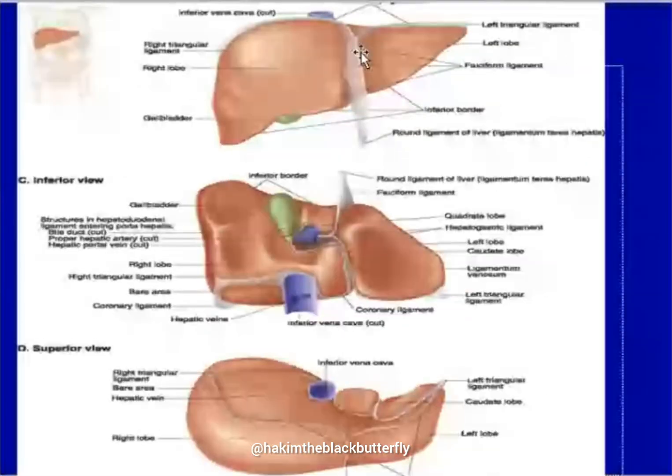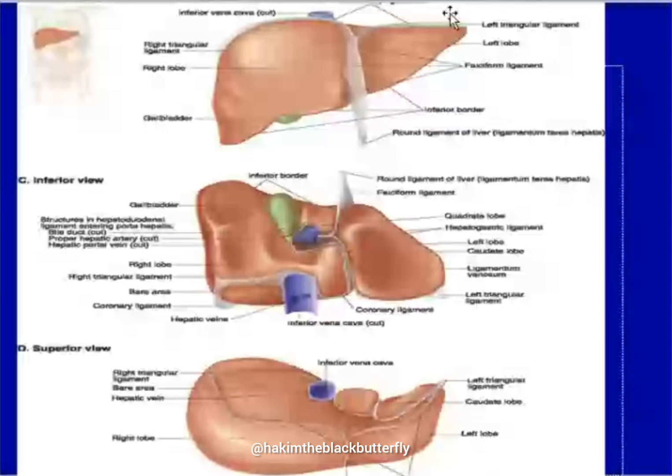The falciform ligament towards the superior aspect of the liver splits into two: the right coronary, which moves up to the extreme right, and the left coronary, which moves up to the extreme left. And they attach the liver onto the undersurface of the thoracic diaphragm.